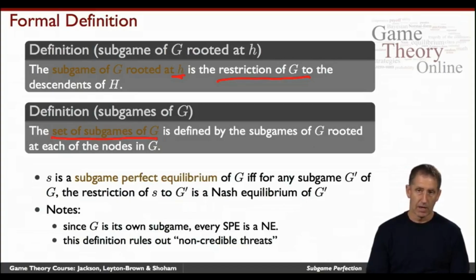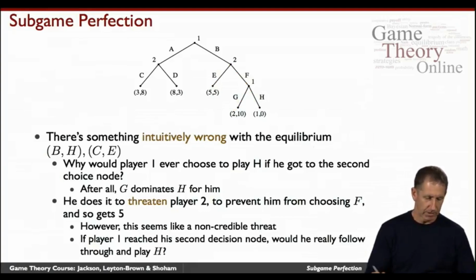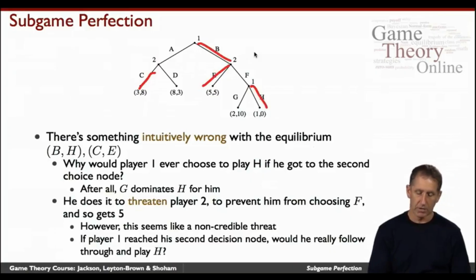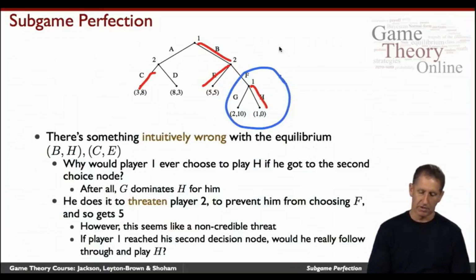And so a Nash equilibrium is subgame perfect if its restriction to every subgame is also a Nash equilibrium for that subgame. So if, for example, we go to the previous slide and look at the Nash equilibrium BH, CE, we just saw it's a Nash equilibrium, but among the subgames of this game, the subtrees of this tree, is this subtree.